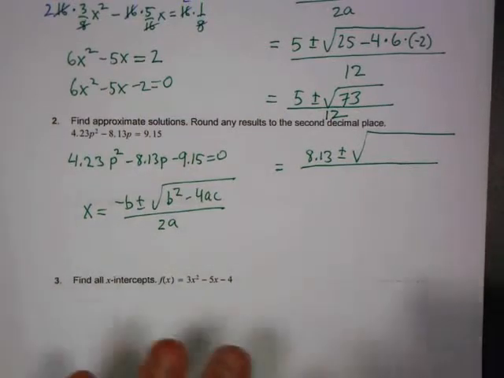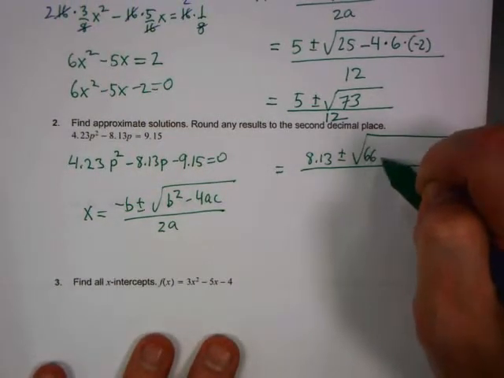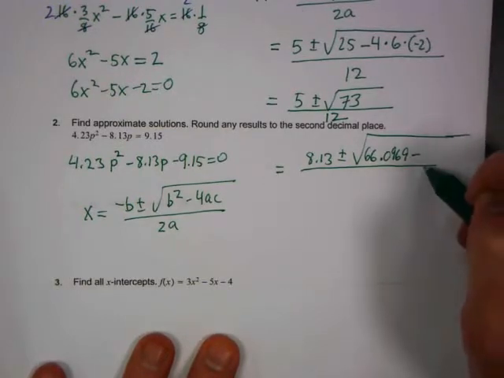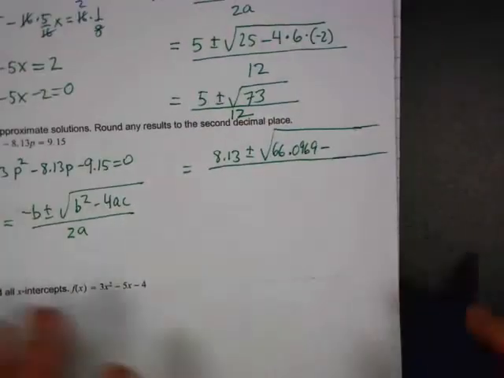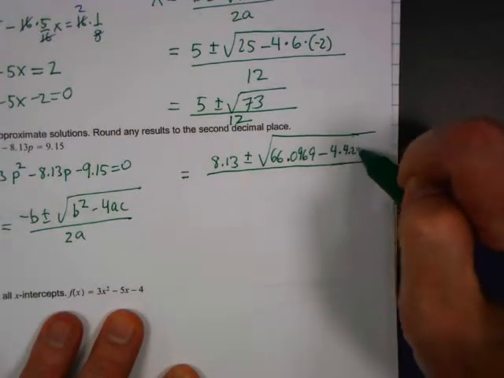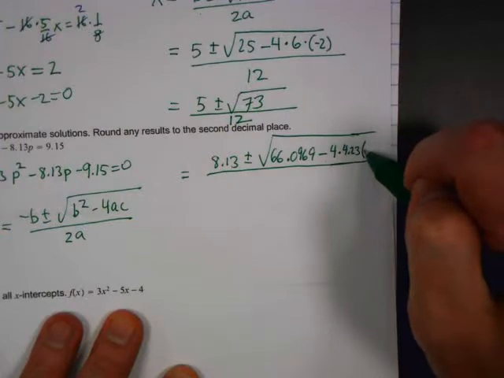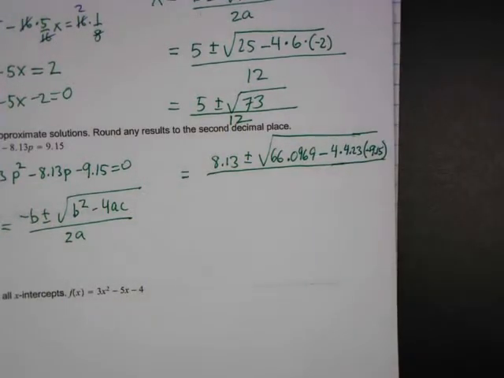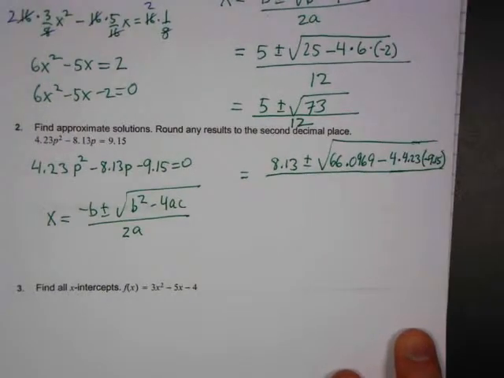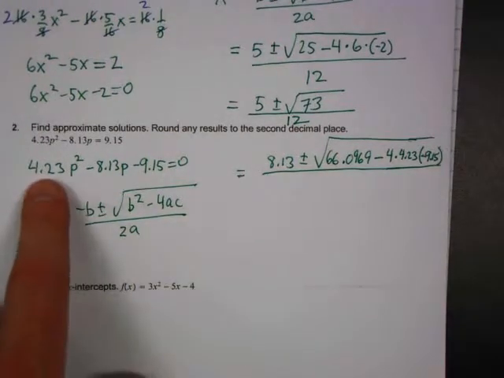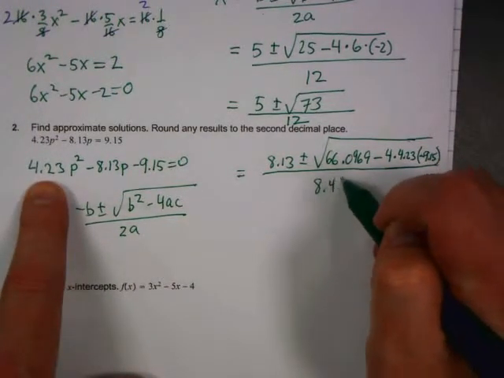All right, so we write that down, 66.0969 minus, I might not have enough room here, it's going to be close, 4 times the A number is 4.23 and the C number is minus 9.15. And then the whole thing gets divided by 8.46. 2 times 4.23, which happens to be 8.46.